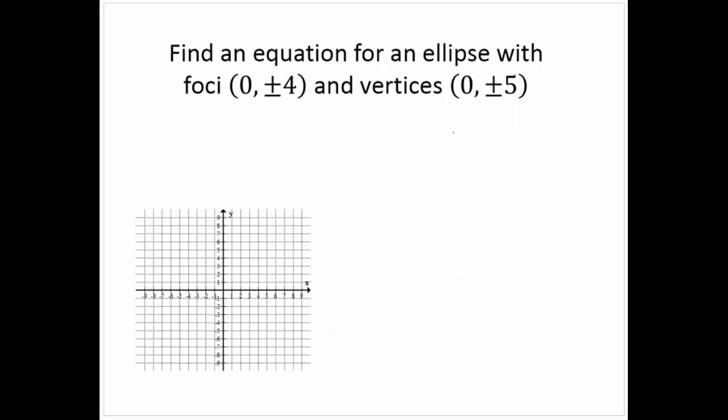Find an equation for an ellipse with foci 0, plus or minus 4 and vertices 0, plus or minus 5. Alright, so since it has vertices at plus or minus 5 and foci at plus or minus 4, what this tells me is I have a vertical major axis, and also it tells me that since it's plus or minus 5, the a value is 5.